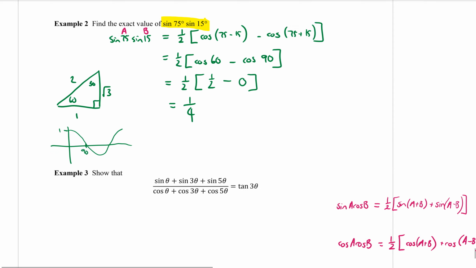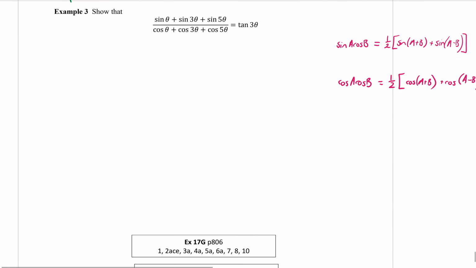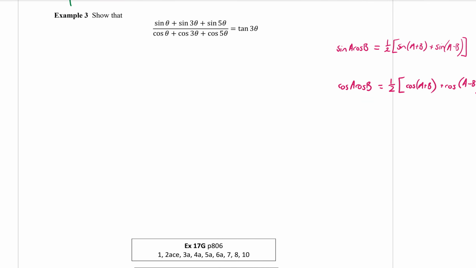And last question, question 3. I want to show that sine theta plus sine 3 theta plus sine 5 theta over cos theta plus cos 3 theta plus cos 5 theta is equal to tan 3 theta. Now it says show, but basically when I have something like this, I need to do this as a proof, which means I'm going to start with the left-hand side and show that I can get to the right-hand side.